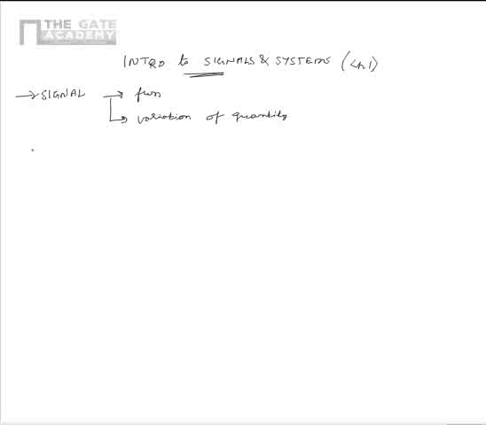If we take the examples of signals, the speech signal is an example of a signal which can typically be written as f of t. The image is also an example of a signal, which can be written as f of x comma y. Similarly, video signal is also an example of a signal.